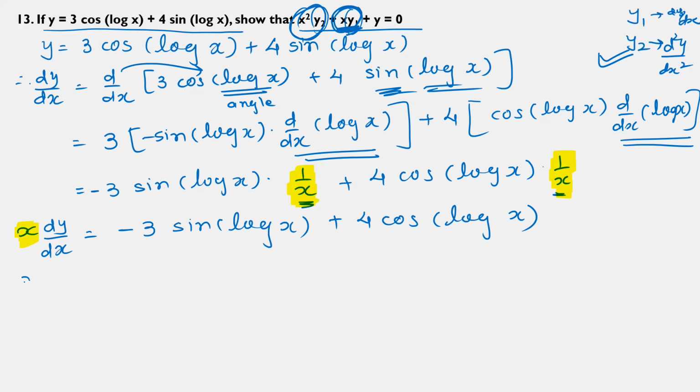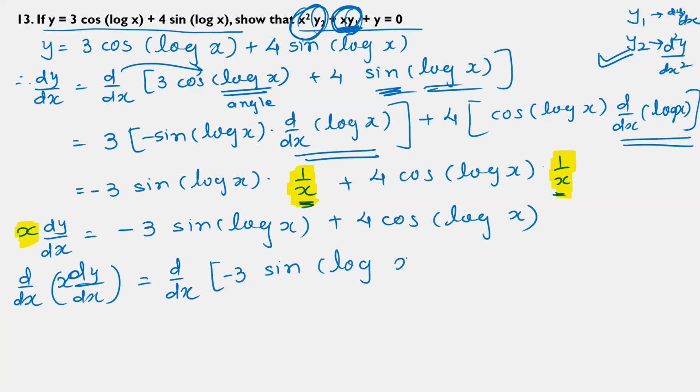So let's do differentiation on both sides with respect to x. Again on the right hand side also. Now on the left hand side also we can easily see two terms in a product.